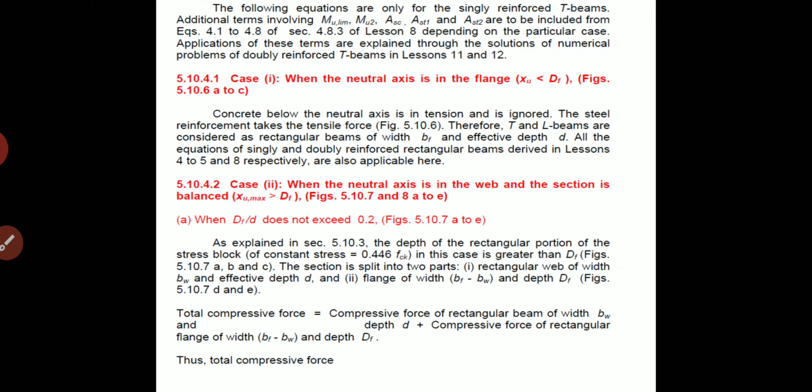Therefore, T and L beams are considered as rectangular beams of width of flange and effective depth small d. All the equations of singly and doubly reinforced rectangular beams derived respectively are also applicable here.